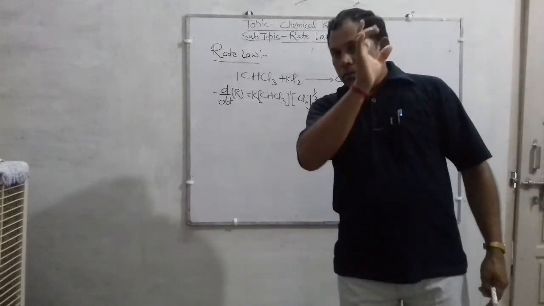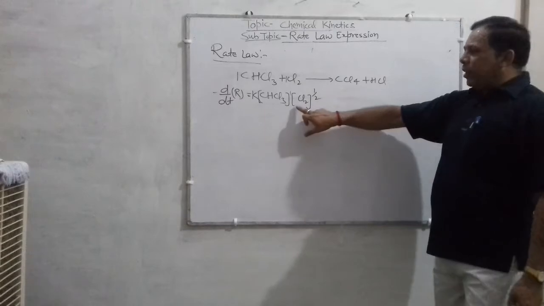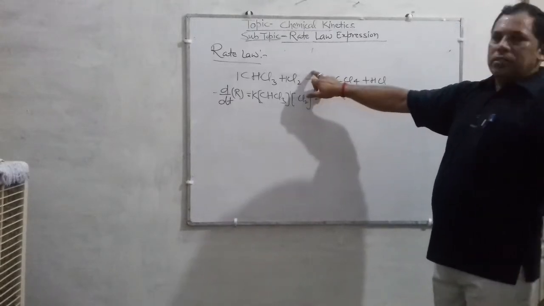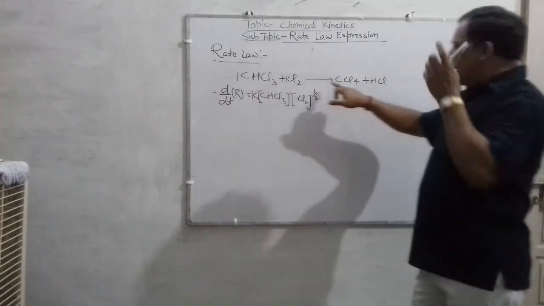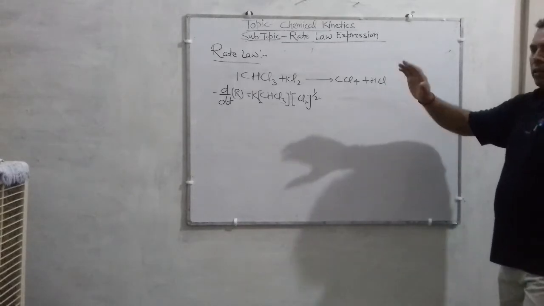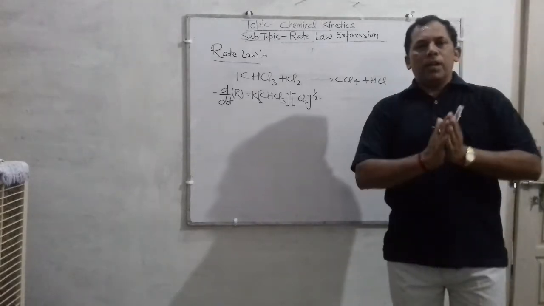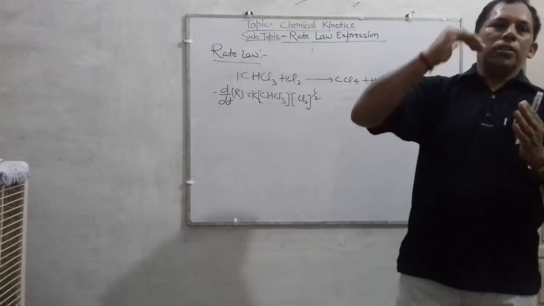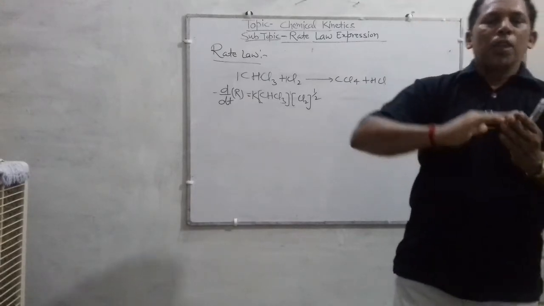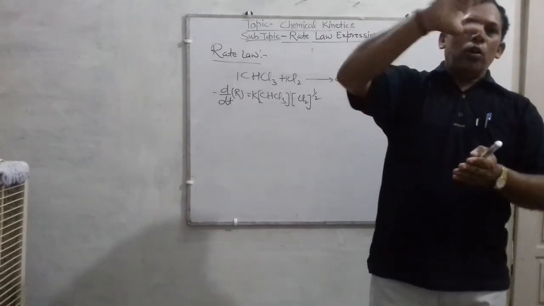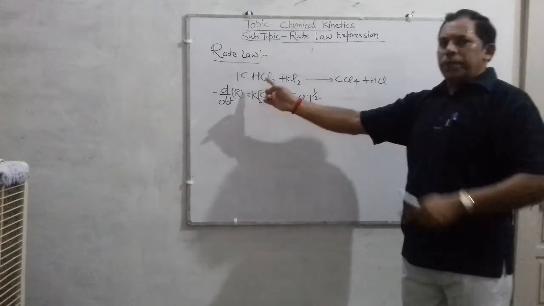Be careful, students, for this point. In this reaction, the balanced chemical reaction has been written, and according to the first statement, the exponents x and y may or may not be equal to the stoichiometric coefficients.